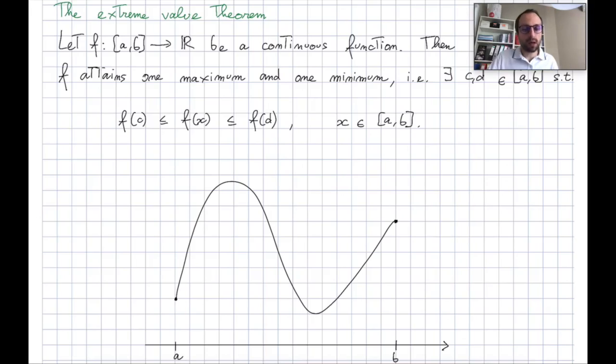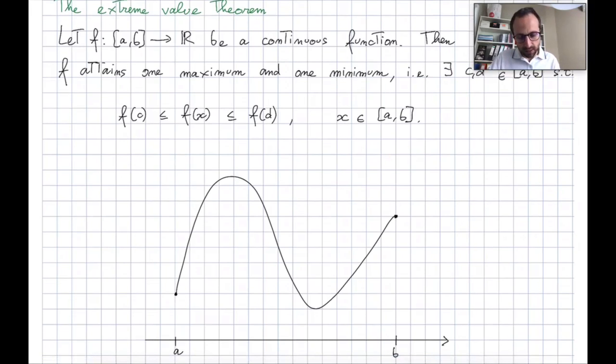So now the game is just to draw a continuous function from a to b. Drawing a continuous function means that we must never lift our pen from the tablet. So let's do it. You just have to start from a and go up to b. Okay, we drew our continuous function, and now it's very clear what the situation is like. We see that there is one maximum, here, and one minimum, there, and these values are attained.